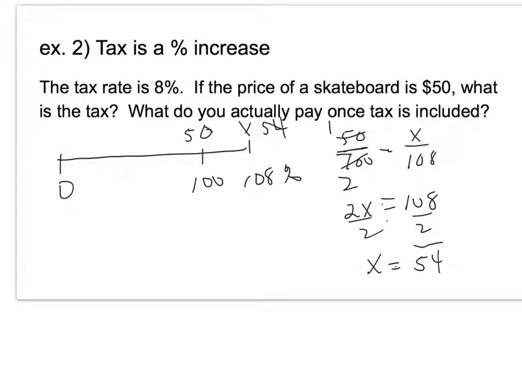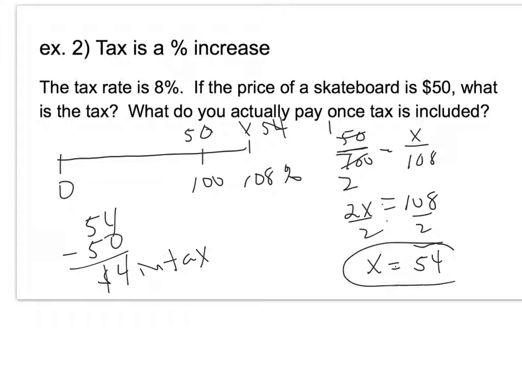Then the amount of tax we must be paying is $4, because 54 minus 50 equals $4 in tax. And so you'd actually pay $54 once the tax is included. So the tax is $4 and $54 total. Okay, let's look at the next one.